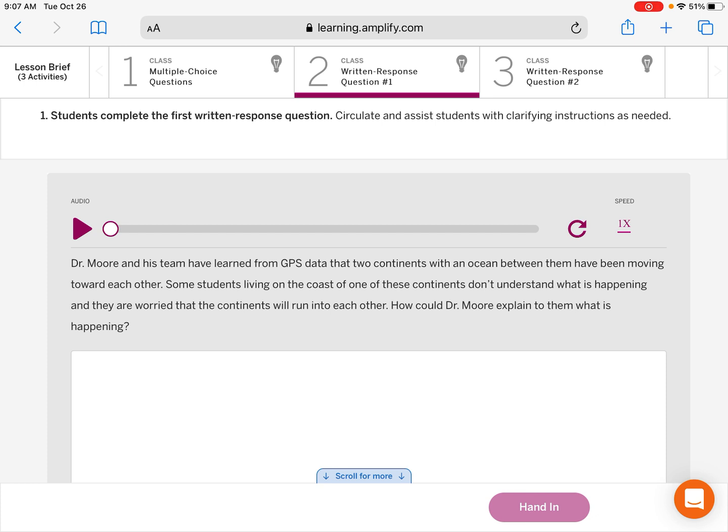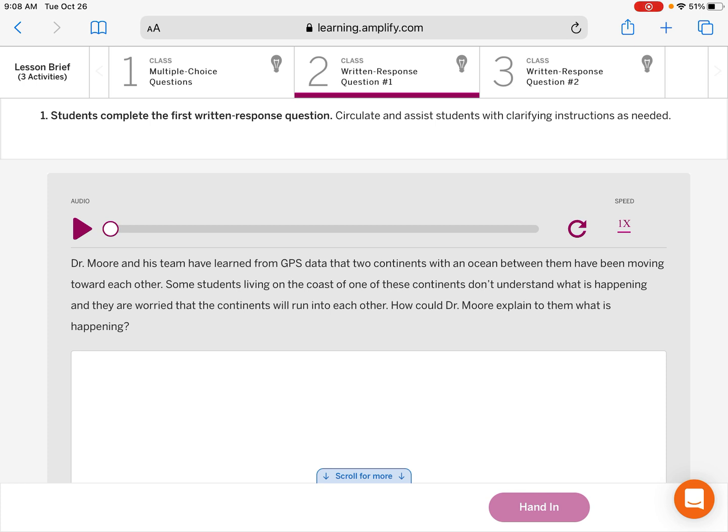I'm going to let you read the paragraph, and it says, how could Dr. Moore explain to them what is happening? That's a very broad question. It's broad on purpose. It wants you to say, starting with key concept number 1, what is going on with plates and plate motion? Tell me everything that you know so far.